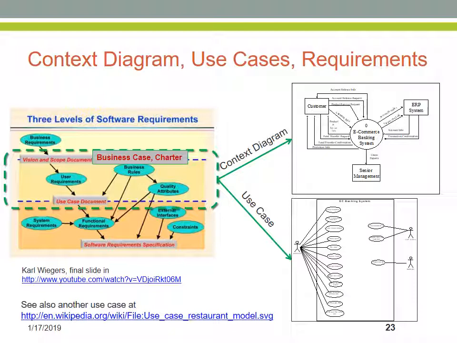A second way of documenting the project functionality, in addition to the context diagram, please note that in a context diagram the system is always shown in a circle, is the use case diagram.